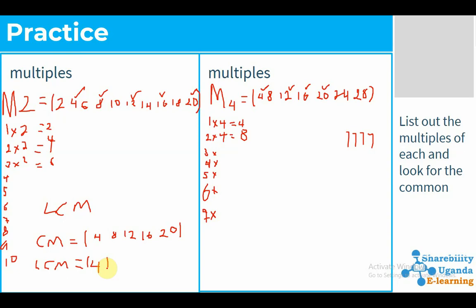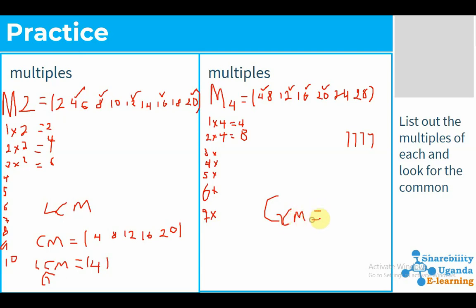In some other question they can ask you what is the greatest common multiple. It is called GCM.